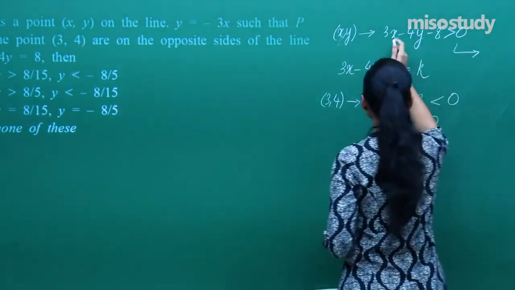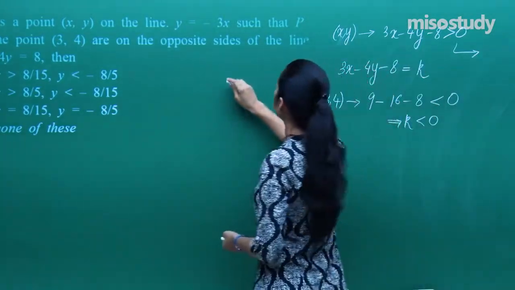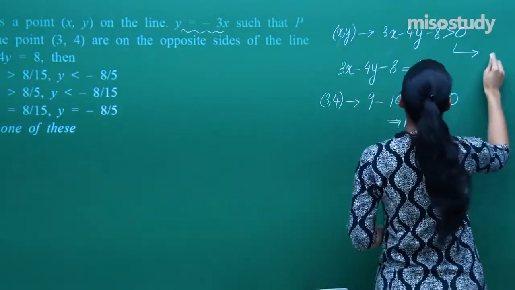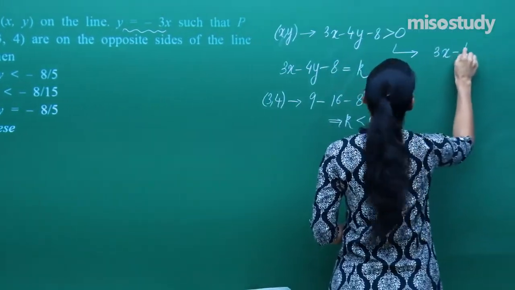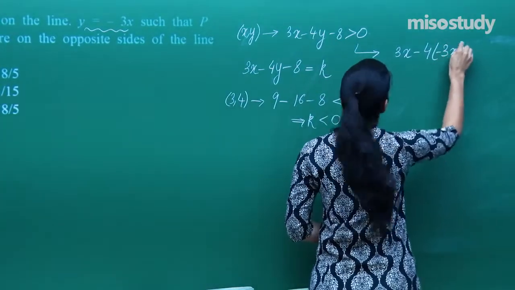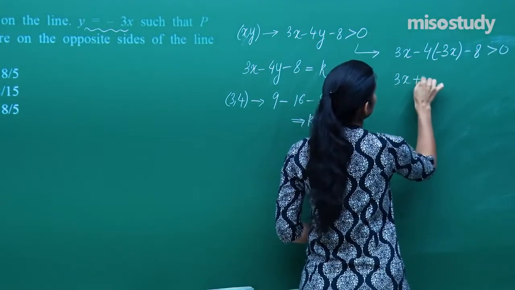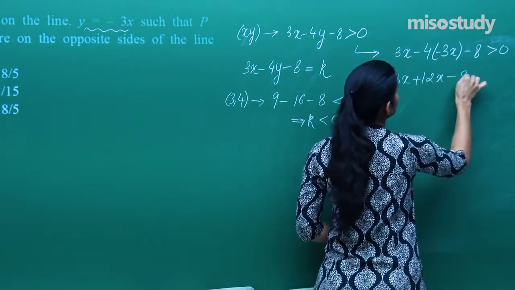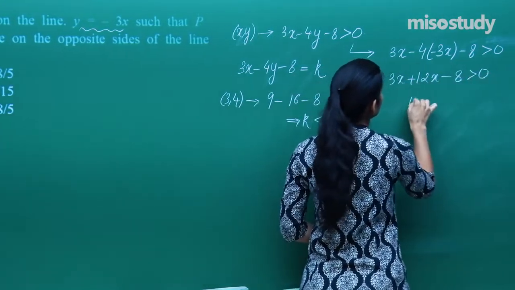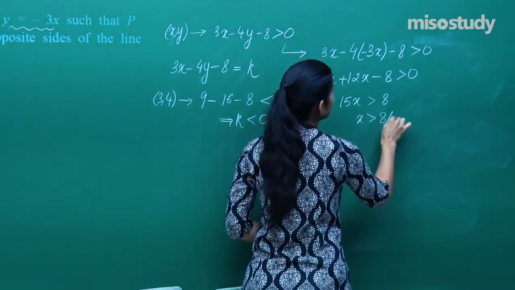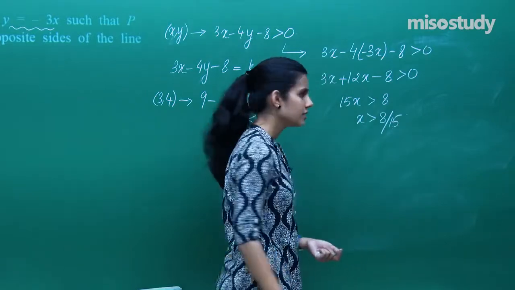Now, you know that (x, y) is a point which is lying on this line also. So, y can be replaced by minus 3x. So, you get 3x minus 4 into minus 3x minus 8 is greater than 0. So, you get 3x plus 12x minus 8 is greater than 0, which is 15x is greater than 8 or x is greater than 8 by 15.